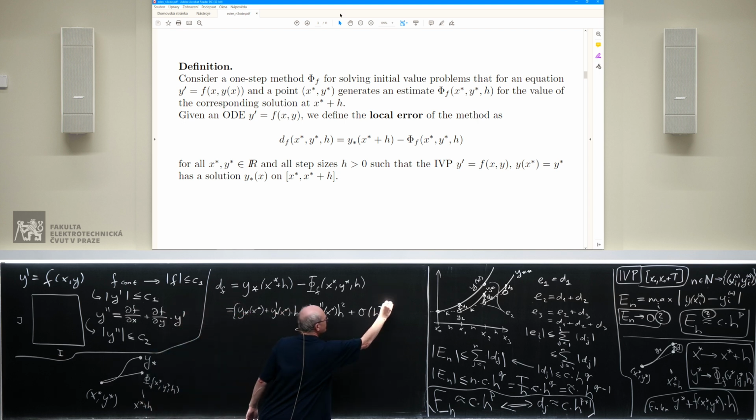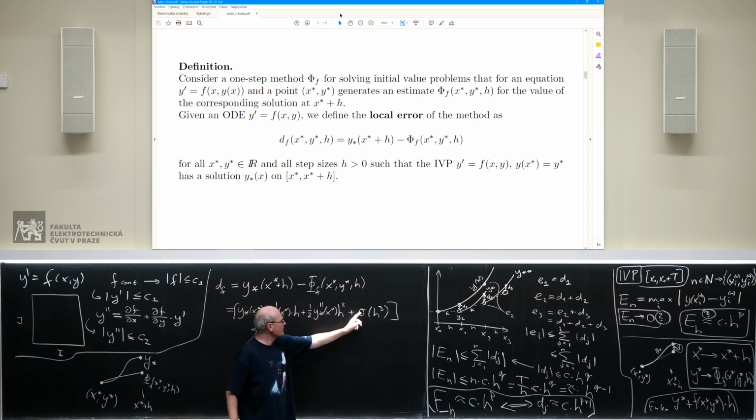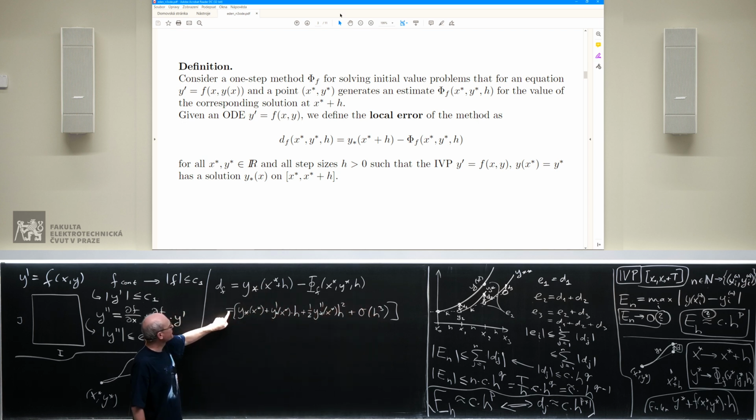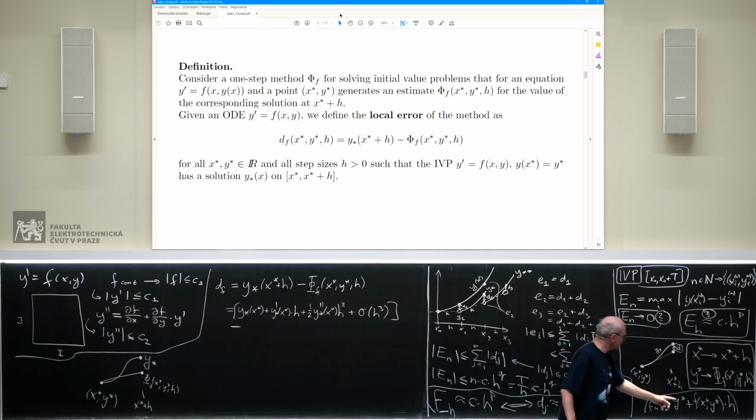So that's the value of the solution. And because I included o h cubed, it's actually a precise description, so I can write equality. Now I'm subtracting the approximation produced by the Euler formula. And for the Euler formula, we figured it out before, that's the formula.